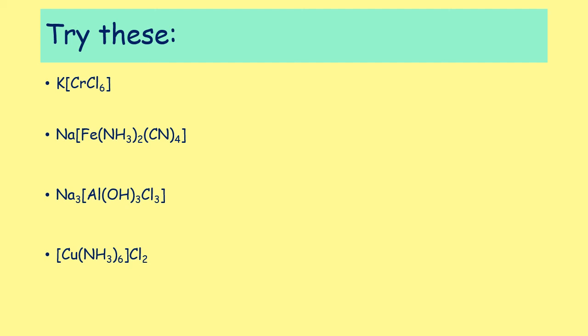Okay, so I'm hoping that you've all managed to have a go at that. For the first one, we have got potassium and then we've got the complex. Potassium is positively charged, so potassium comes first and then the complex name. So the complex has a -1 charge. We've got 6 chlorines, so it's hexachlorido. The complex is negatively charged, so the chromium is going to need to change its name.